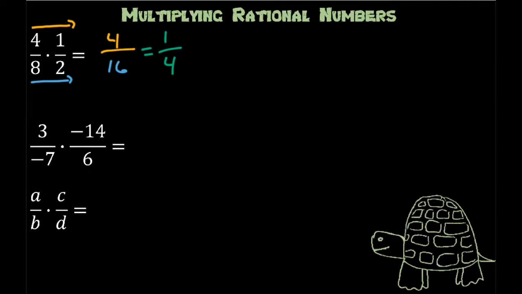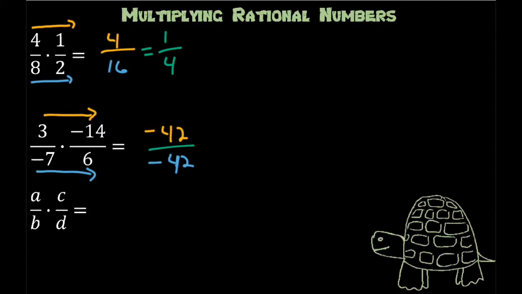Next, we're going to look at this one right here, and we have 3 over -7 times -14 over 6, multiplying across the numerators. 3 times -14 is -42. And then we have -7 times 6 is -42.